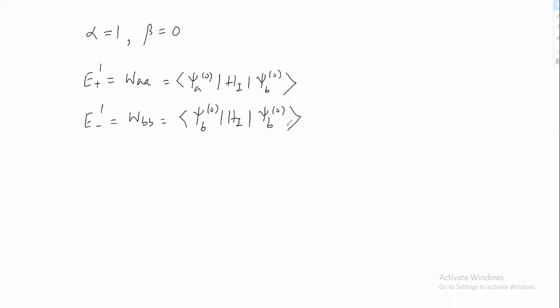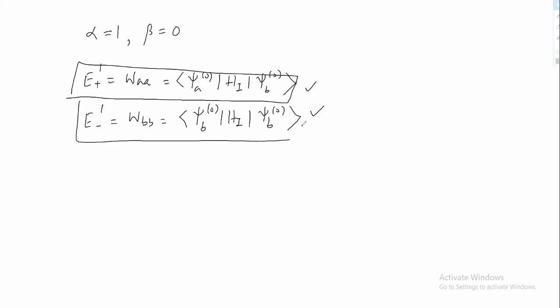Therefore, the important point is why these two results are important: if you have only psi A0 or only psi B0, then this is the same result you obtained for non-degenerate perturbation theory, the first order correction to the energy.